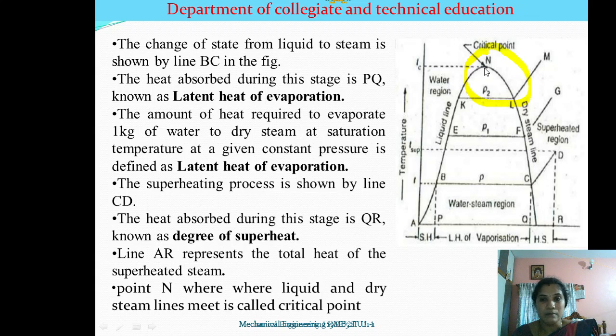The pressure at that particular critical point N is called the critical pressure, and it is 227.6 bars. And the particular temperature where the water is directly going to convert into dry saturated steam, with no change of phase, is called the critical temperature, which is 375 degrees Celsius.